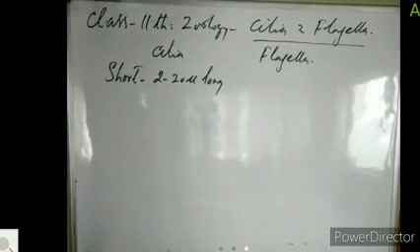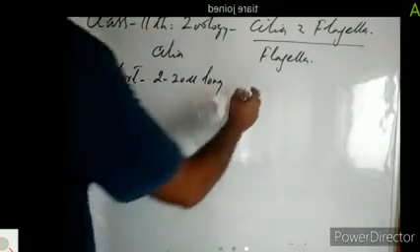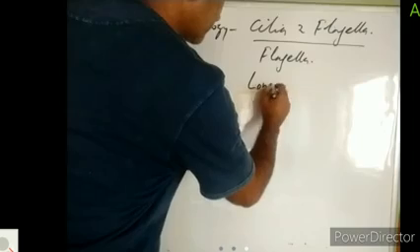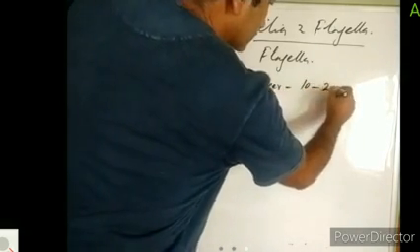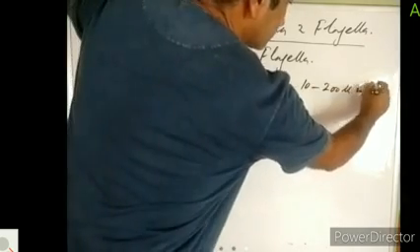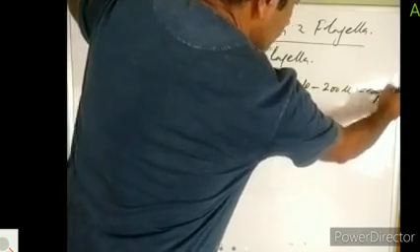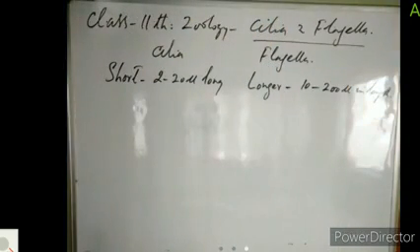As compared to cilia, flagella are very long. They measure some 10 to 200 microns in length, right? So cilia are short, flagella are long. This is the first difference.